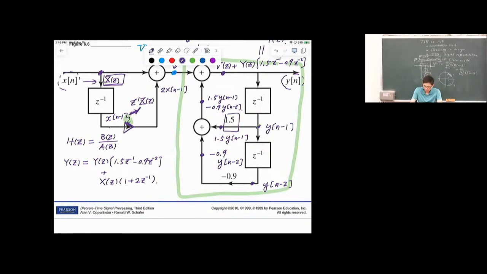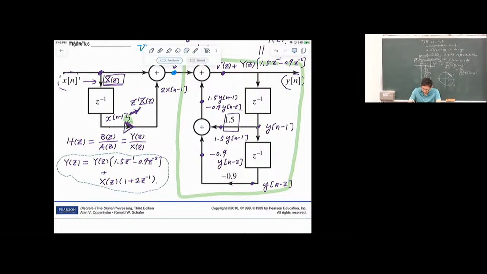Therefore, finally, with a bit of rearrangement, we can conclude. You're now ready to write down an expression of H of z. H of z, the system function, is defined as Y of z divided by X of z, right? Let me move things around a bit.